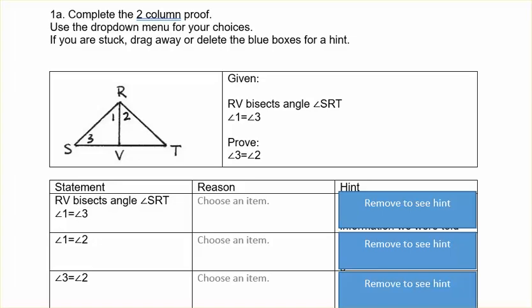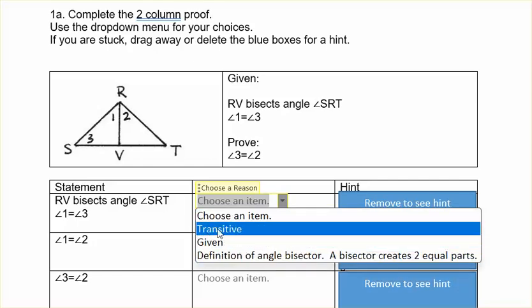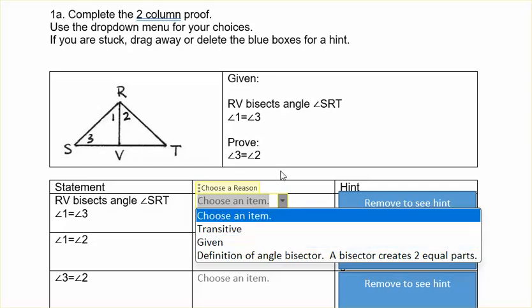Now on your worksheet, I have tried to give you some help. I started by writing down all the statements, and then for the reasons, I also gave you some choices. So if you are using Microsoft Word, you should be able to click here and see some multiple choice items. If you can't see them, you're just going to have to type the answer without giving choices.